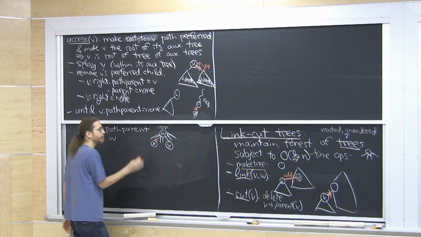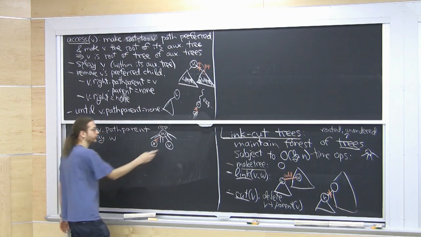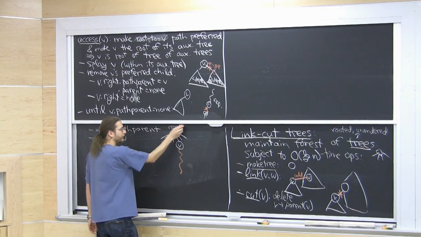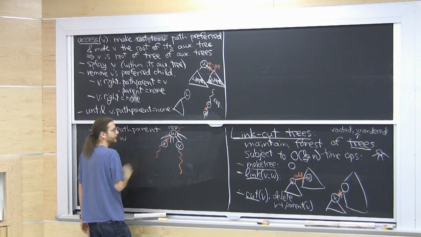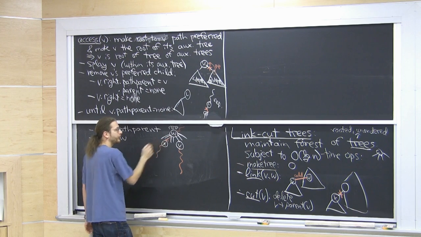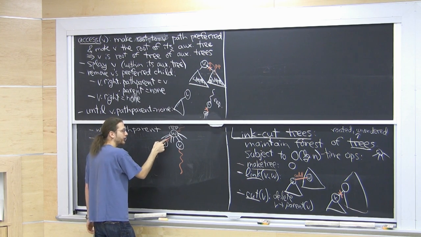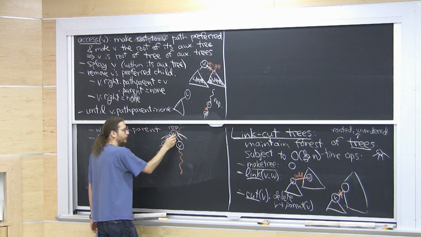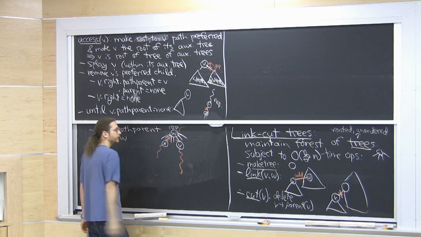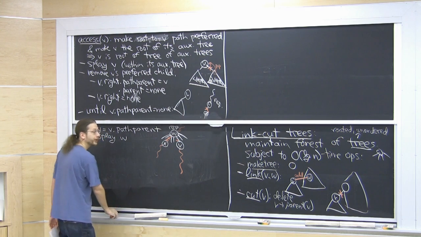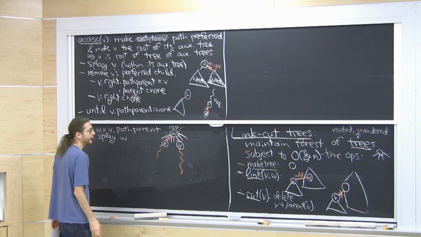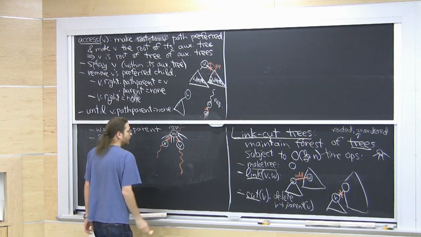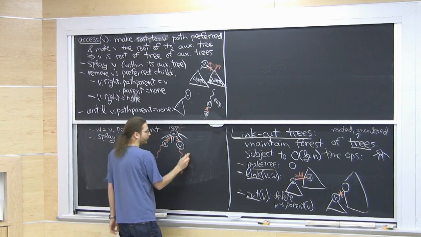It's not v because we just followed a path parent pointer to go from v's path, which is something here, to w's path. So w's path is going to be something like this. So if it goes to some other guy x, we want to change that pointer. Instead of being that, we want to go here. Okay, that's in the represented tree. Now what does this look like in the tree of aux trees? Well, w lives in something.